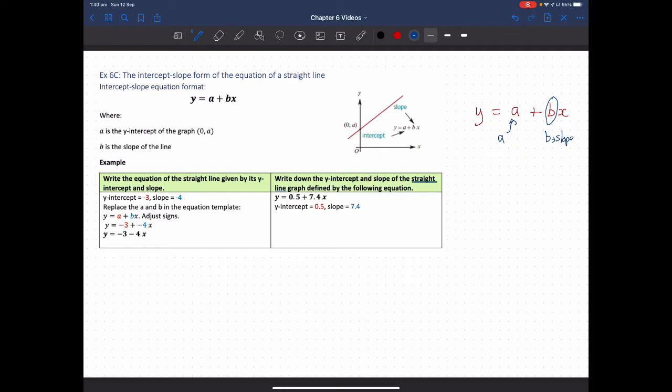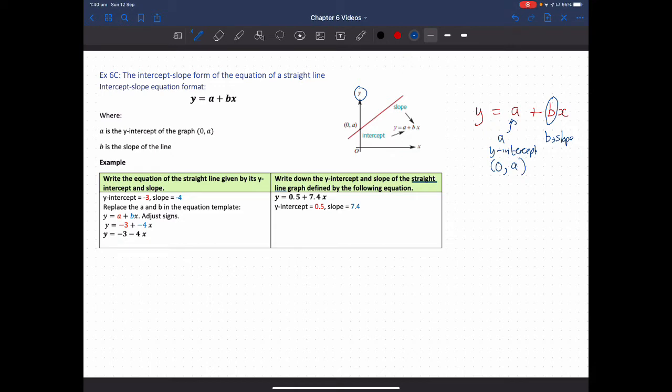The vertical axis here has been labelled as y, so it is the y-intercept. It has the coordinates 0, a.